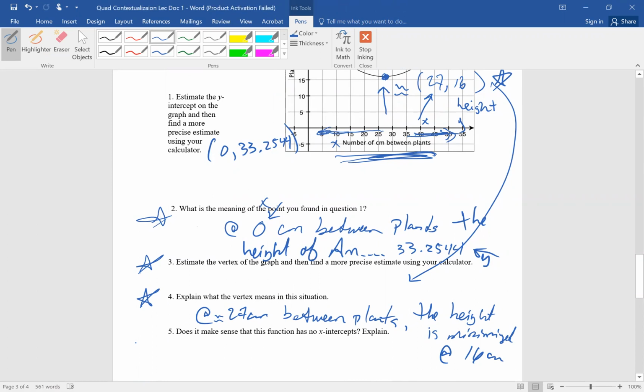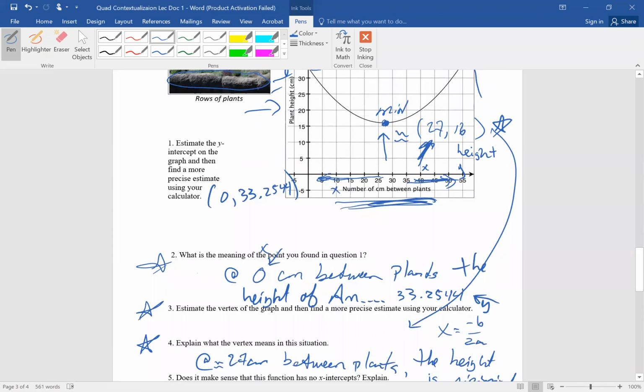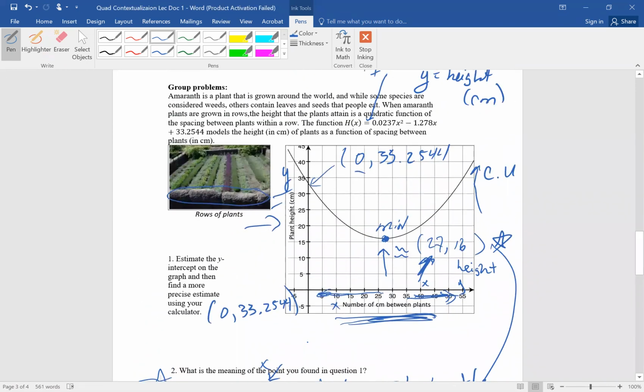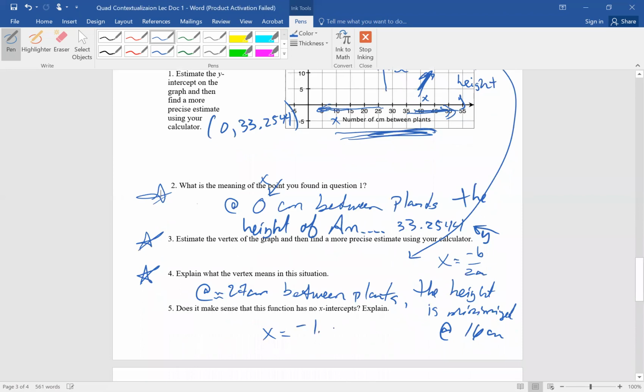And I should remind you before I move forward, if we really wanted to find out the exact answer, X equals the opposite of B over 2A would give me, I don't know if it's 27 or not, but it should be close. So for those of you at home, if you really wanted to answer this question, you could say X equals, I know I'm writing in the wrong spot, my B would be minus 1.278, all over 2 times whatever my A is, 0.0237.